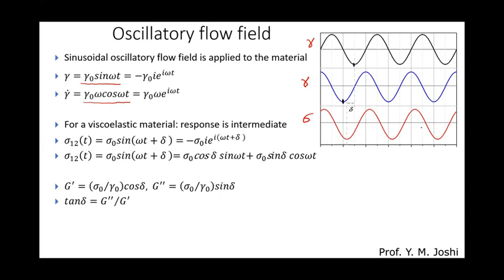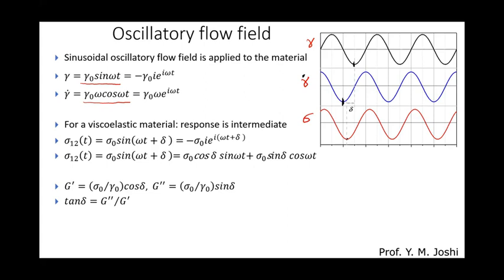The trough of this has to be in between that associated with strain rate and that associated with the strain. If this trough is precisely at the position where a trough of strain rate comes, then obviously the response is viscous, because then the stress becomes proportional to strain rate.